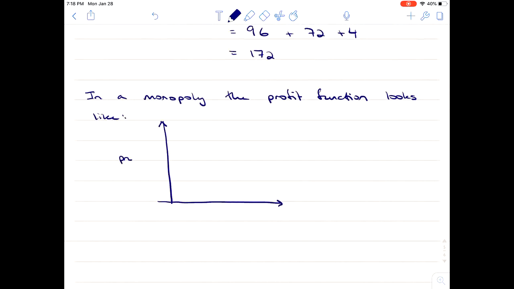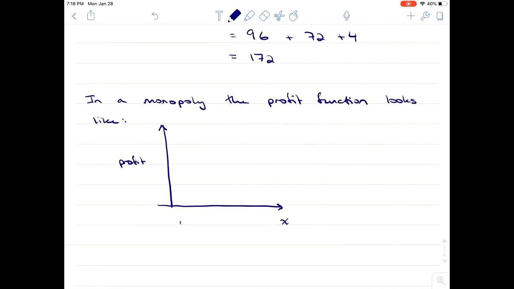So we'll have the profit on the y-axis and x on the x-axis. And the profit function looks like this. Just looks like a bow like that.